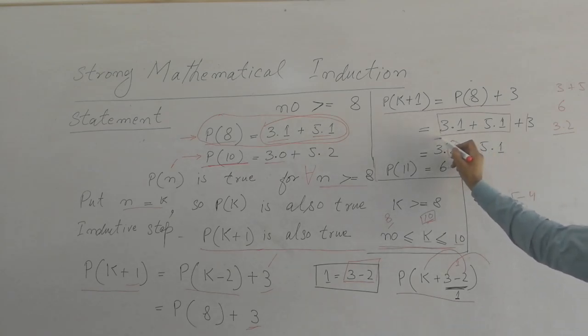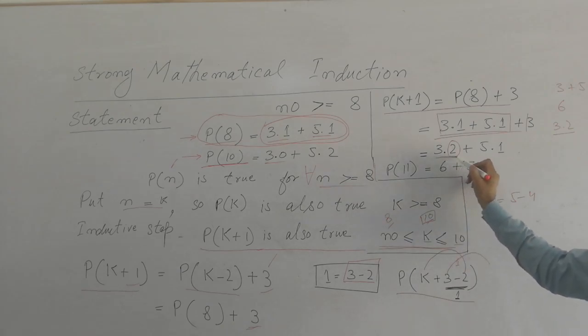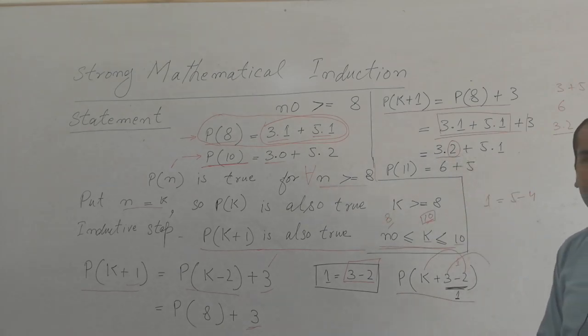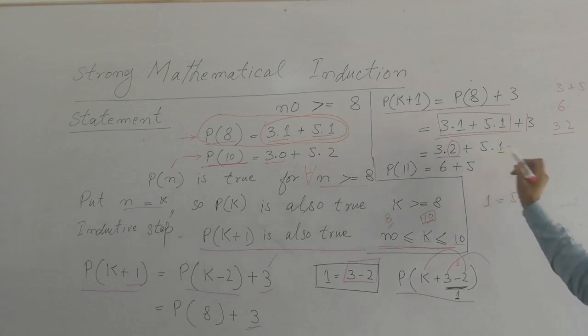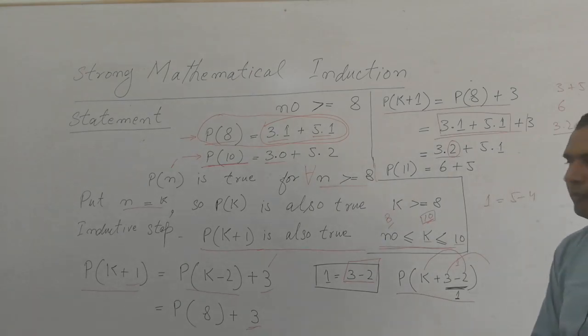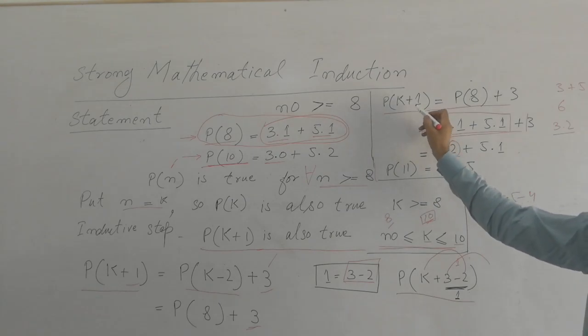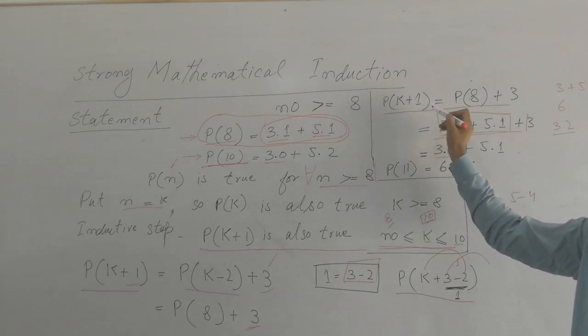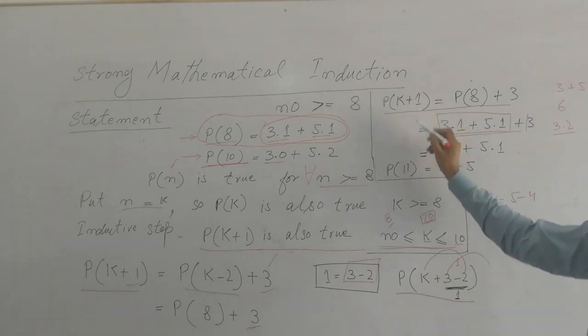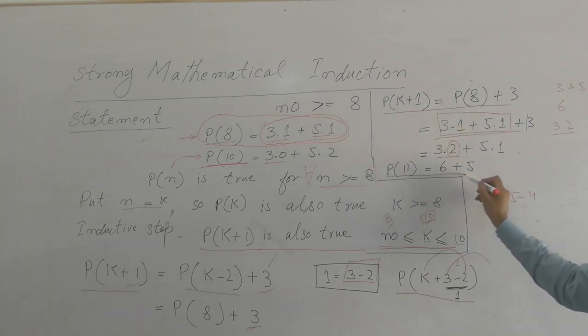So what I want to prove here is that if I have 2 stamps of coins of 3 and 1 stamp coin of 5, I can form the next value, that is k plus 1, that is 11. So P of 11 is just equal to 6 plus 3, and what is 6?